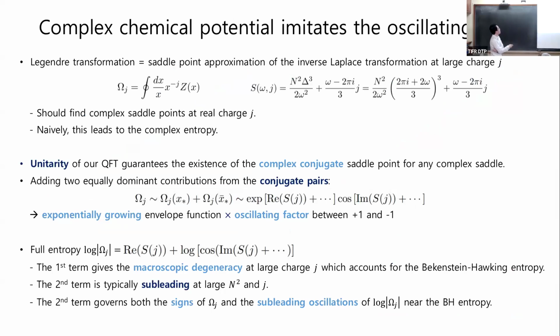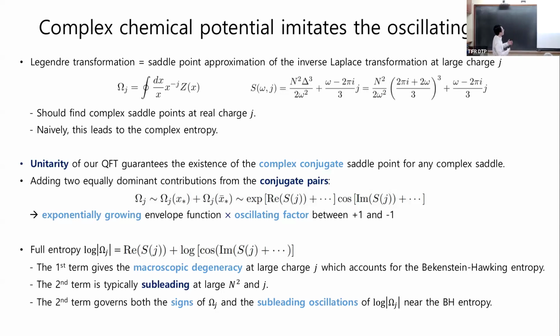Okay, so this omega of J, when charge is very large, you can do the inverse. Basically, you can extract omega of J from the index by following the inverse Laplace transformation, and the saddle point approximation of this integral at large charge is nothing but this Legendre transformation. If we are computing a normal partition function, computing the bosonic plus fermionic degeneracy, you will find a saddle point at real omega for real charge.